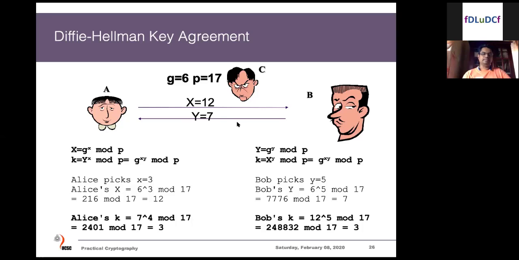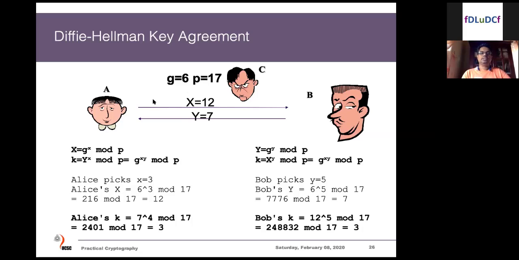First, A and B have to generate a generator G and a prime number P. The generator should be less than the prime P. For example, let's assume A and B selected prime P as 17, and generator 6, which is less than the prime 17.